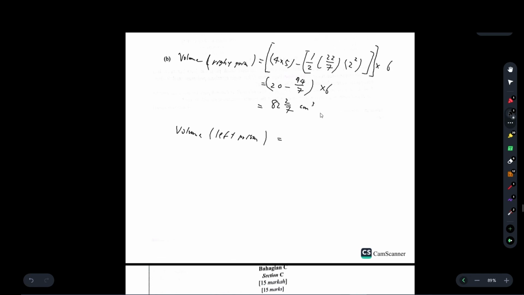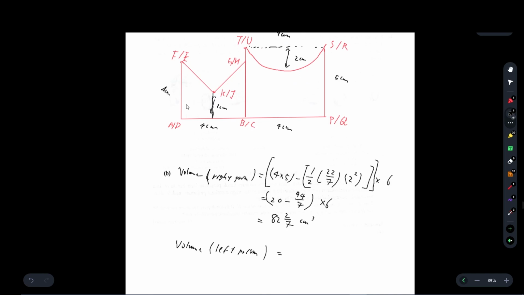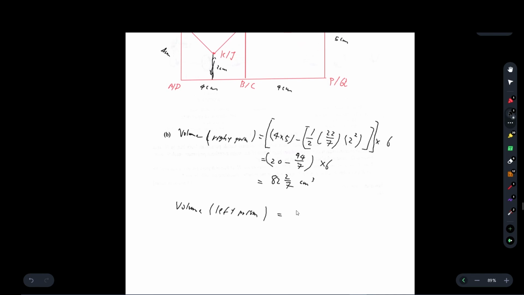Okay, so we're gonna calculate the area first. 2 times, we're gonna use the trapezium formula, 1/2 times (a plus b), which is 2 plus 4, because of these two parallel sides. And then times the height, which is here, half of the 4 centimeter, which is 2 also.